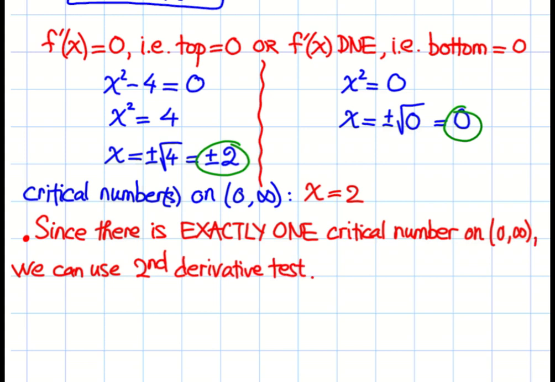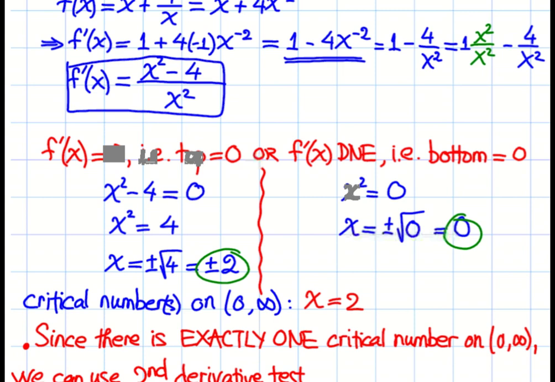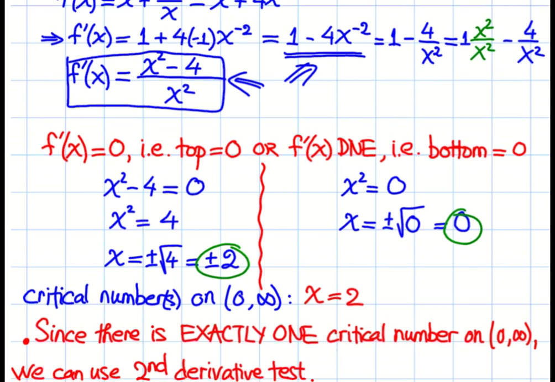Right. So for the second derivative test, of course, we find the second derivative. For the first derivative, we can use this or we can use this. I'm going to use the 1 minus 4x to the negative 2 because that's easy to take the derivative after that.